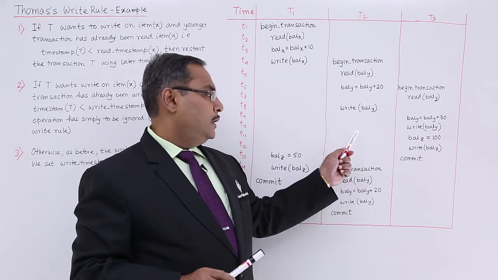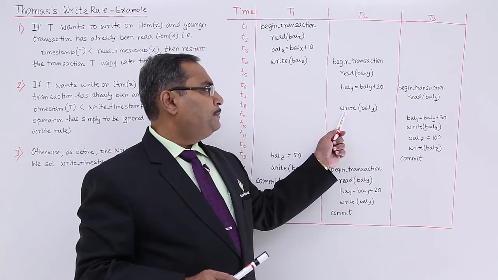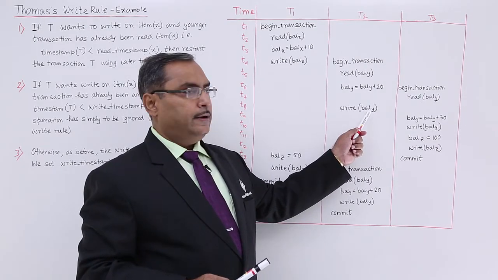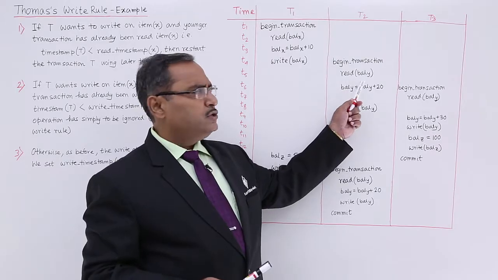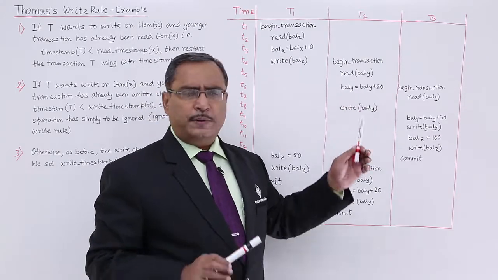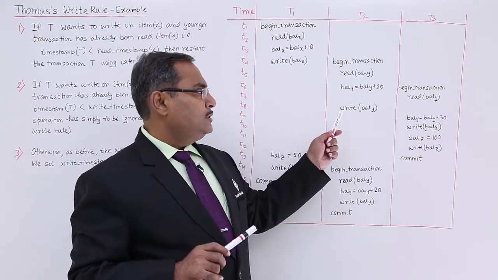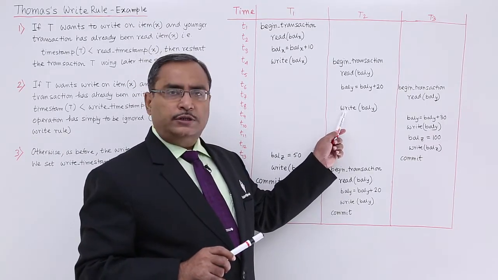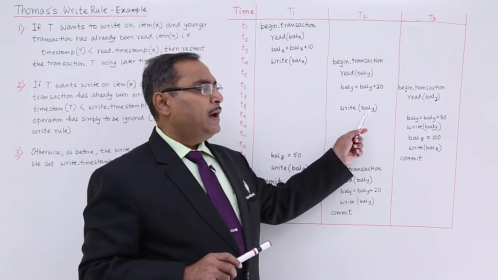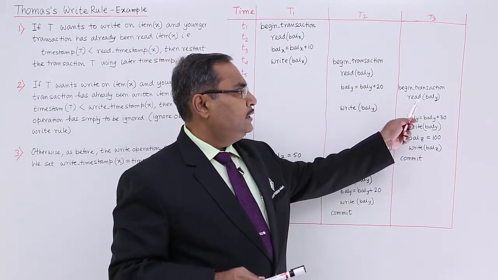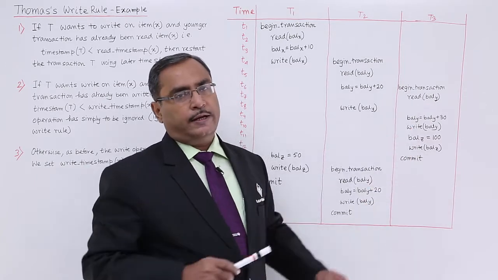First it reads the balance y, then balance y equals balance y plus 20, so 20 has got incremented, which is not an issue. The issue is that when transaction T2 is going to write balance y on the database, in the meantime the younger transaction T3 has read the same data item.